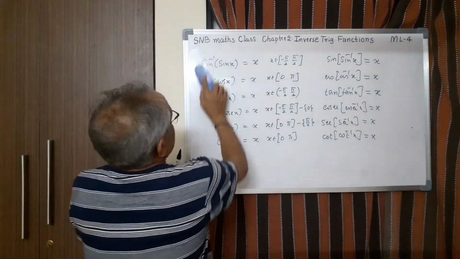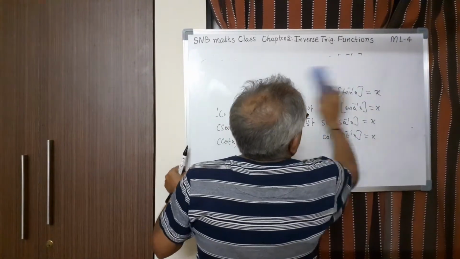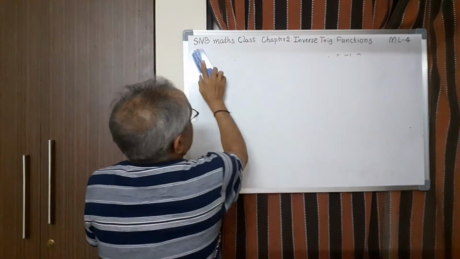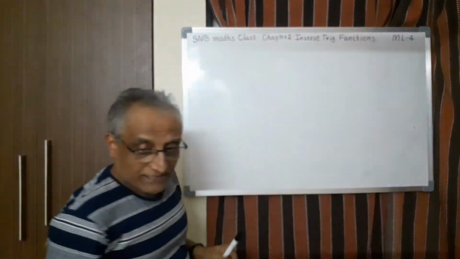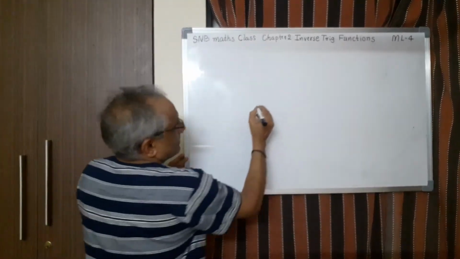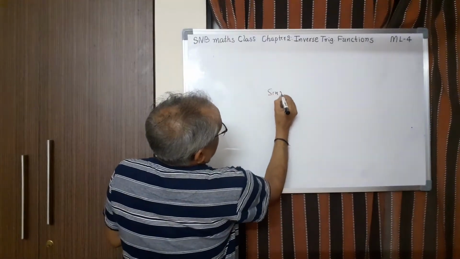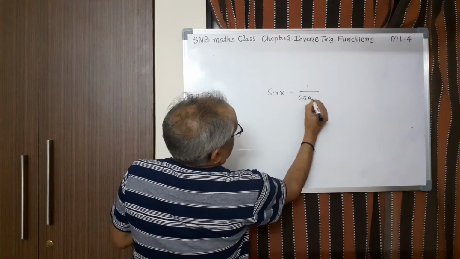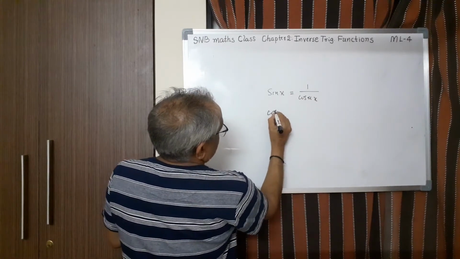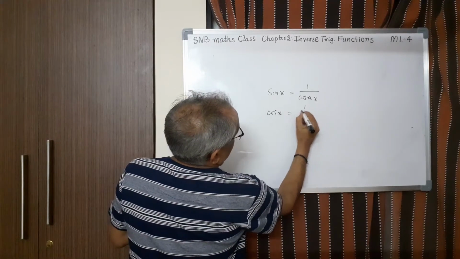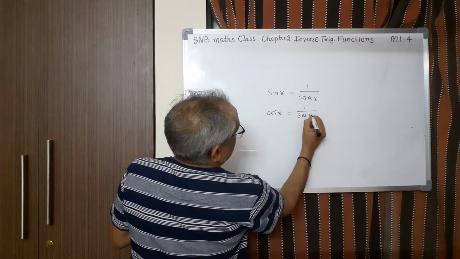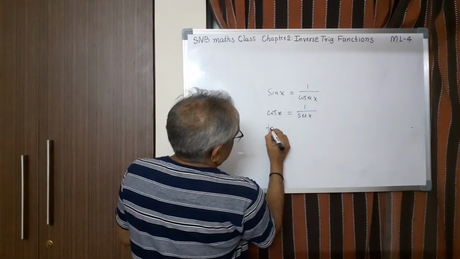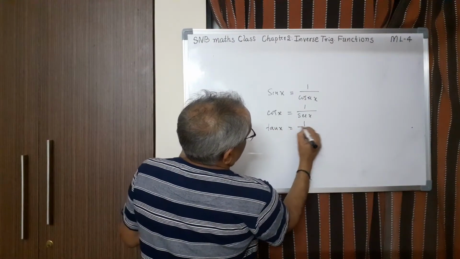The second one is, in the case of trigonometric functions, three trigonometric functions are reciprocal to three other trigonometric functions. For example, sine x is the same as 1 by cosecant x. Similarly, cos x is the same as 1 by secant x. The other way is also correct. And tan x is the same as 1 by cot x.